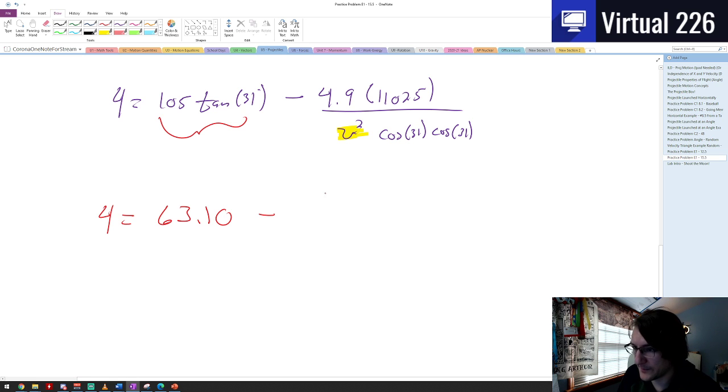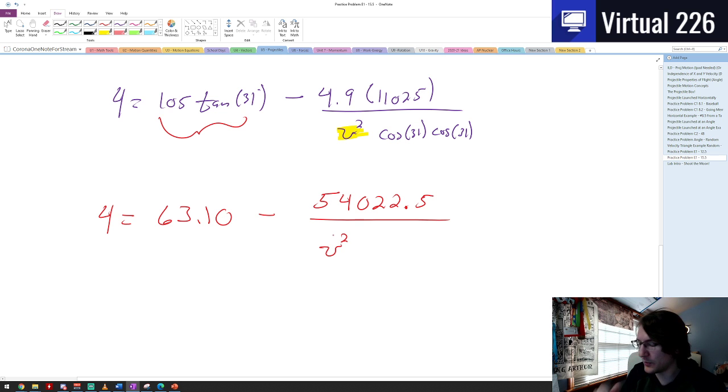This is going to give me, in the numerator, 54,022.5 divided by v squared. And then what's the cosine of 31 times the cosine of 31? Or the cosine squared of 31? Well, that's going to give me 0.73. Technically 0.734, but like whatever, okay?